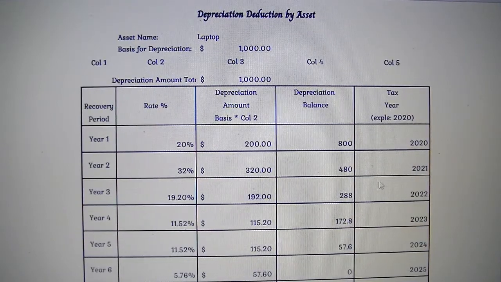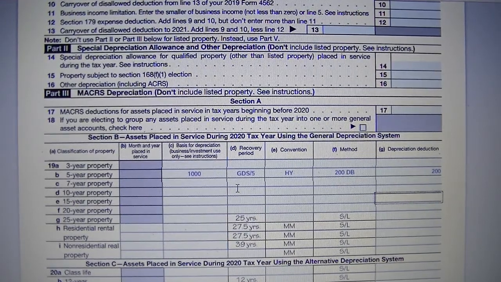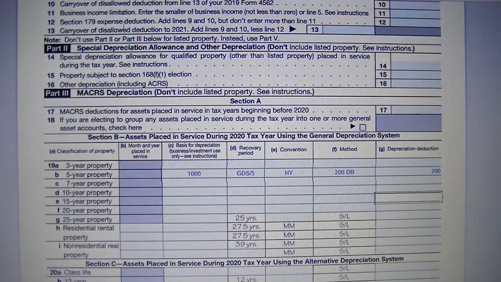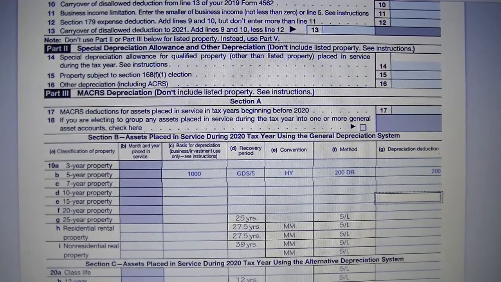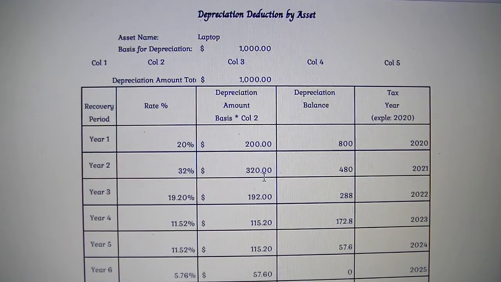And for 2021, if you didn't place any other assets in service in 2021, you do not need to use form 4562. On your business tax form, there should be a place for depreciation, and that's where the amount 320 will go, and so forth.